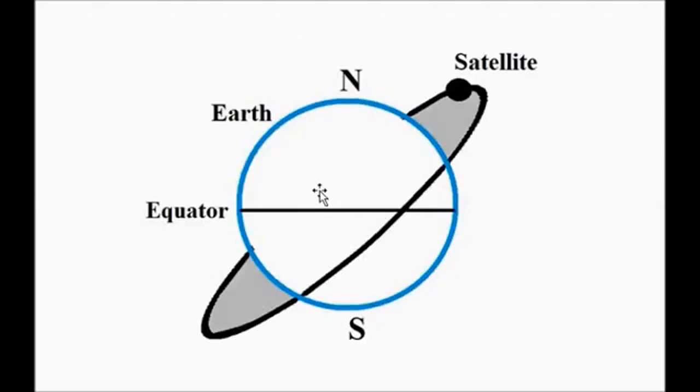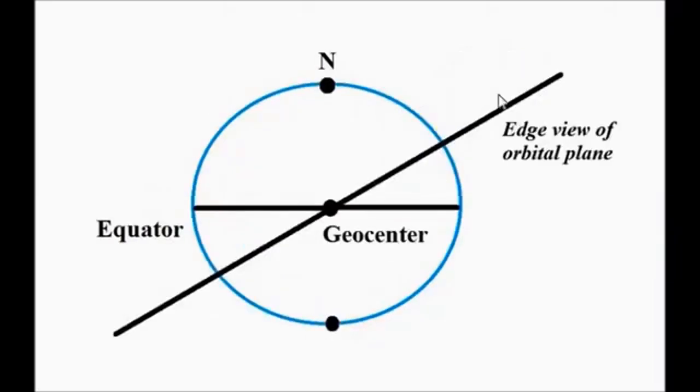If we try to look at it from a side angle, the edge view, it will look something like this. The orbital plane will appear as a straight line at a particular angle with respect to the equator passing through the center of the Earth. This is the edge view of the orbital plane.